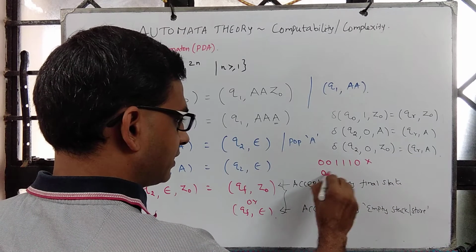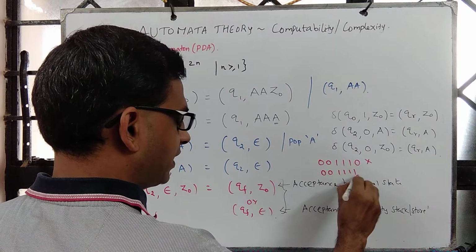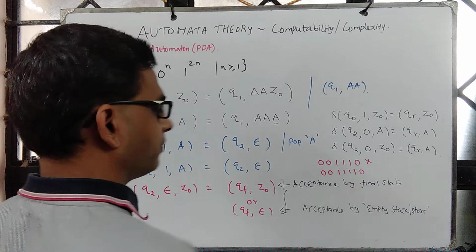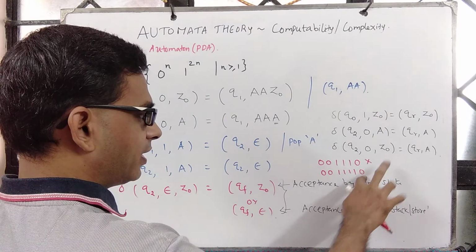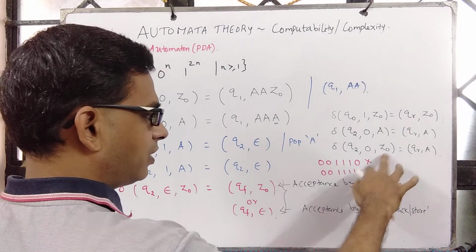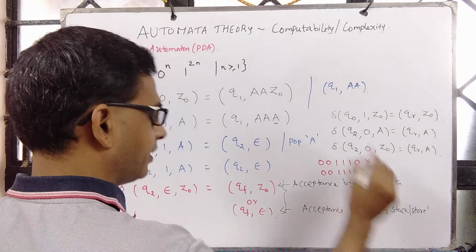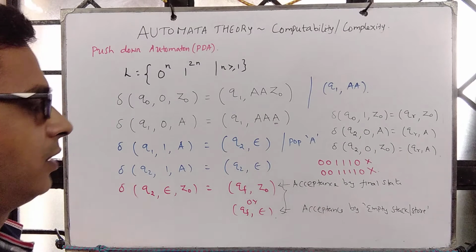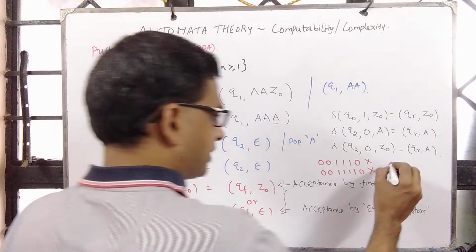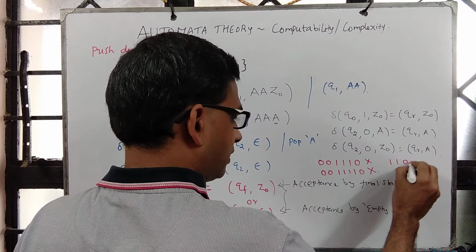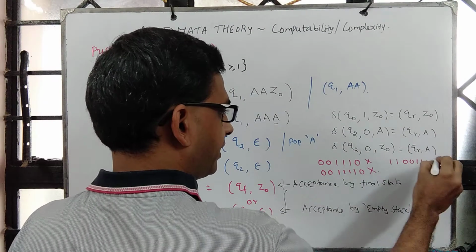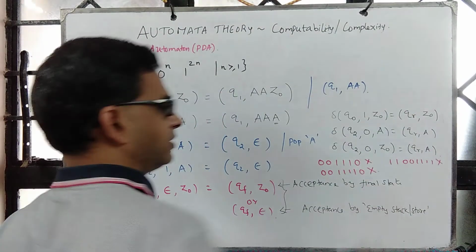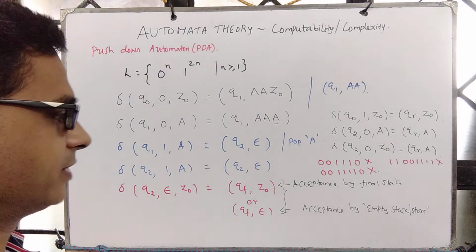Or it is like 0, 0, 4 ones, then you see a 0. So you are at Q2 and top of the stack is Z0, then it must be rejected. Or the input starts with 1, 1, 0, 0, something like this, then it must be rejected. That is taken care of by this transition.